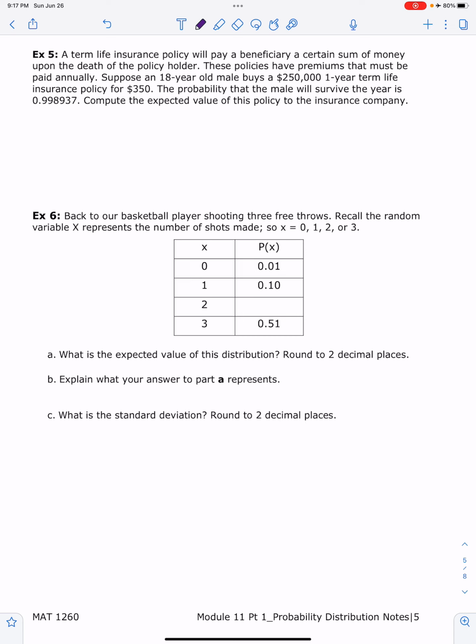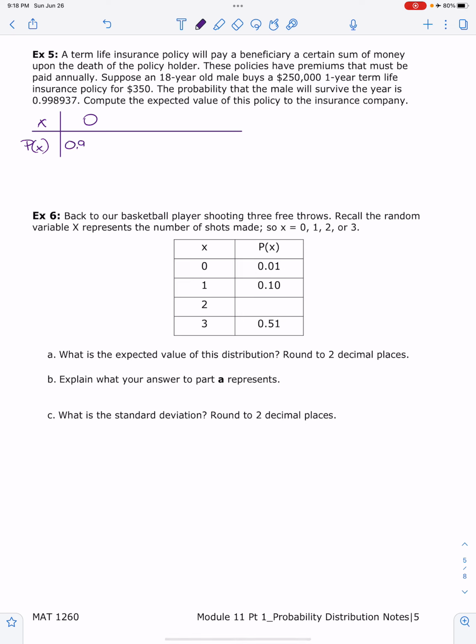So we've got two things that can happen, and I'm going to make my table a little bit differently. I'm going to go horizontal here. So we have an X and a P of X. The insurance company pays out 0 if the 18-year-old doesn't pass away, morbid as that is.